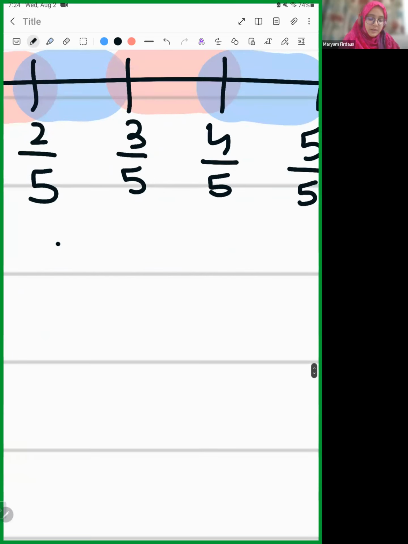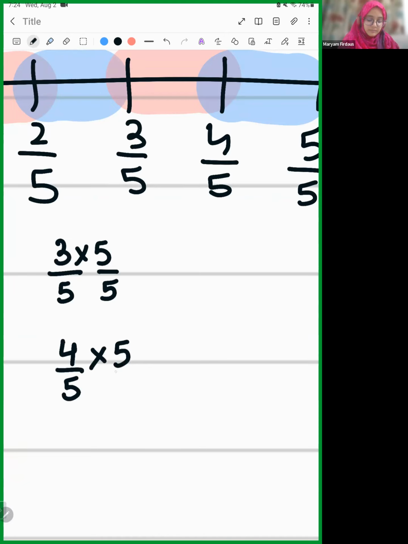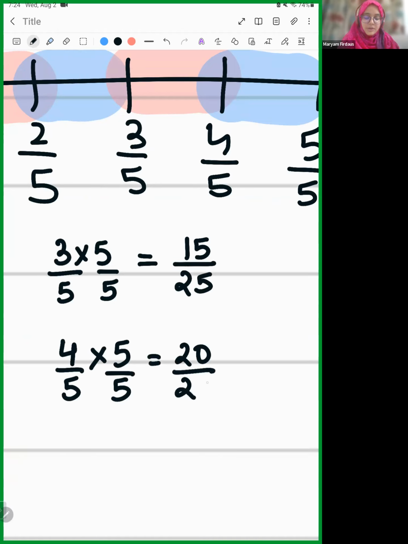What does it become? 15 by 25 and 20 by 25. But my question, Avni, is, can you find 5 numbers between 15 and 20?